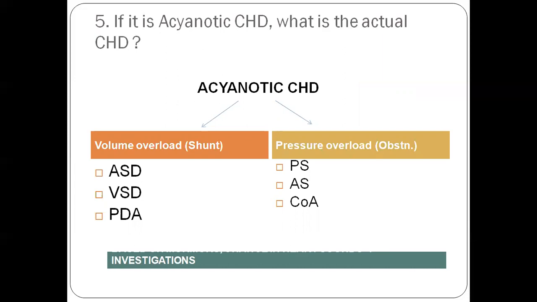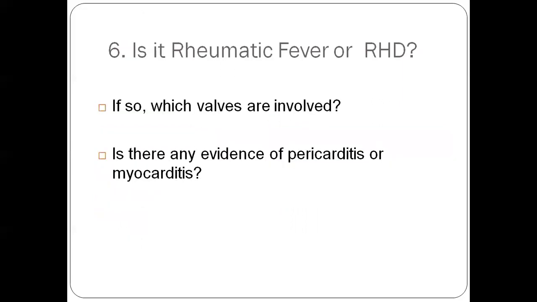Volume overload includes aortic regurgitation, ventricular septal defect, and patent ductus arteriosus. Pressure overload means pulmonary stenosis, aortic stenosis, and coarctation of aorta. All of these are based on further investigations.